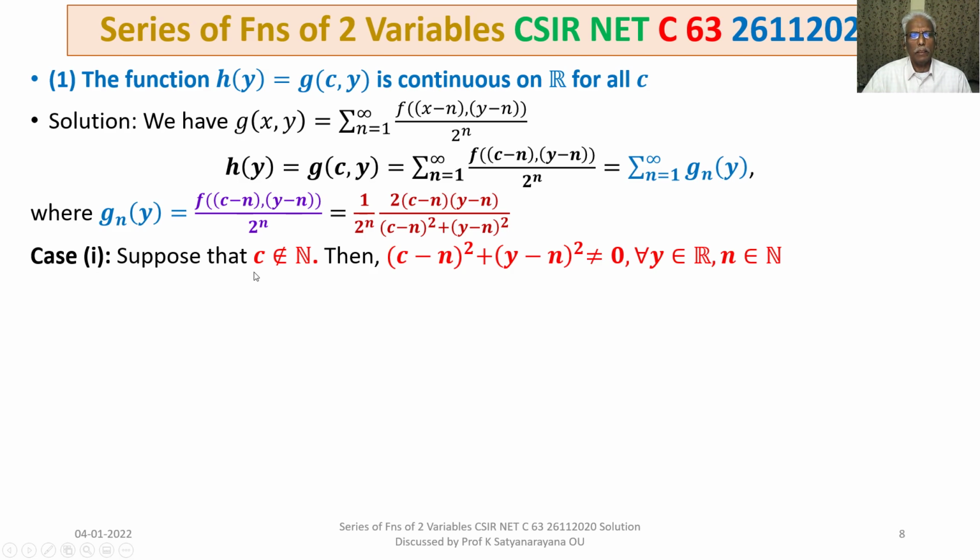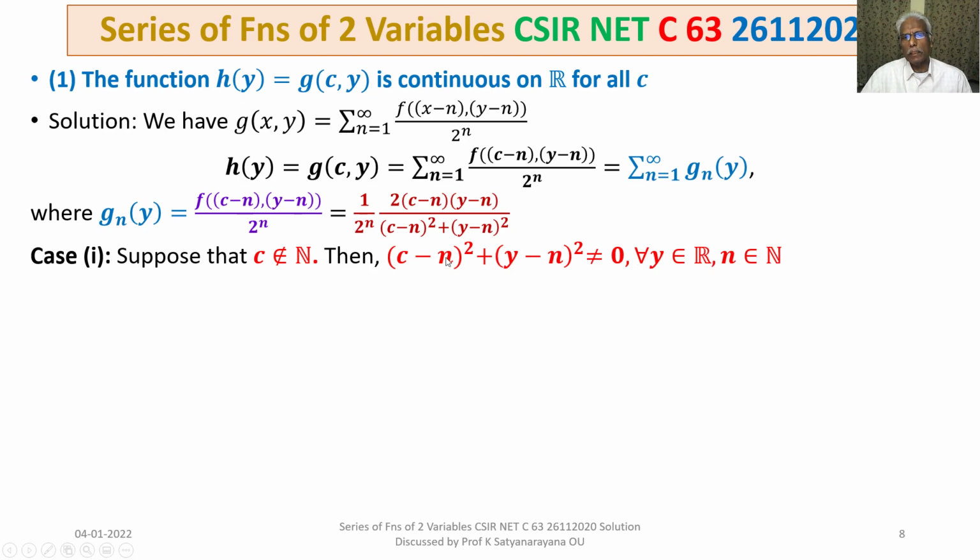Suppose that c does not belong to N, that is c is a real number but not a natural number. Then c minus n for any n belonging to N is not 0, and thereby (c minus n) whole square plus (y minus n) whole square is not equal to 0 for all n belonging to N and for all y belonging to R.